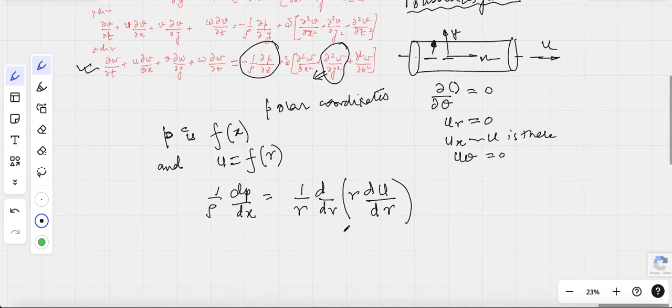Now again, since u is a function of r only and p is a function of x only, so for these two terms to be equal, it has to be equal to some constant.